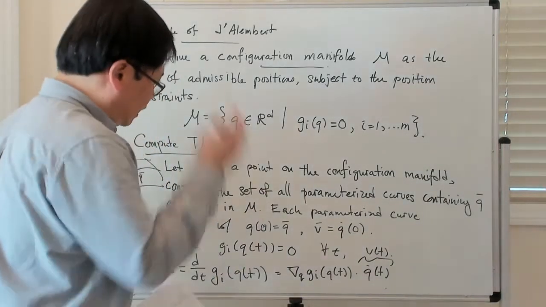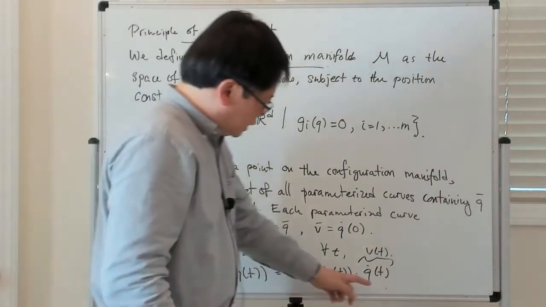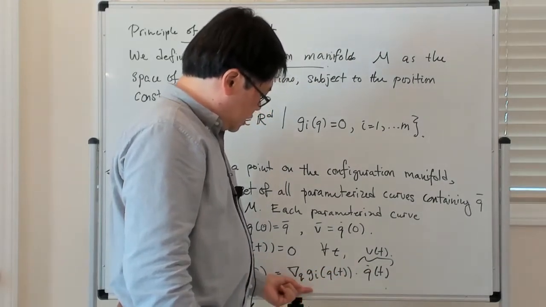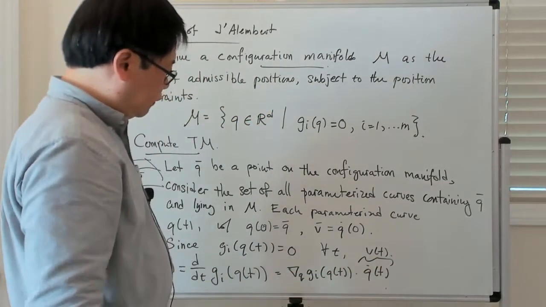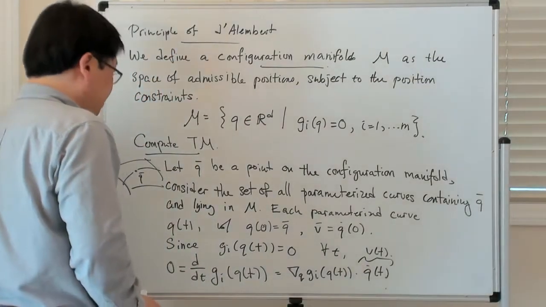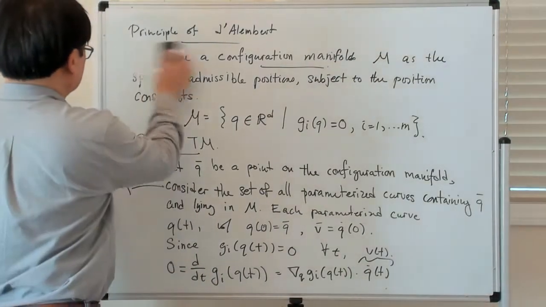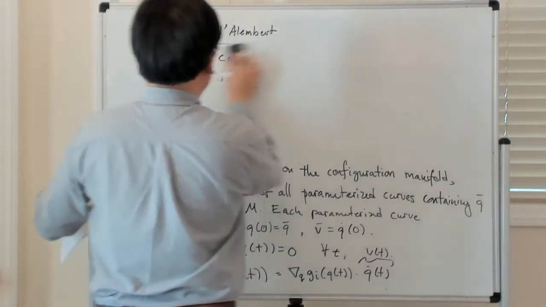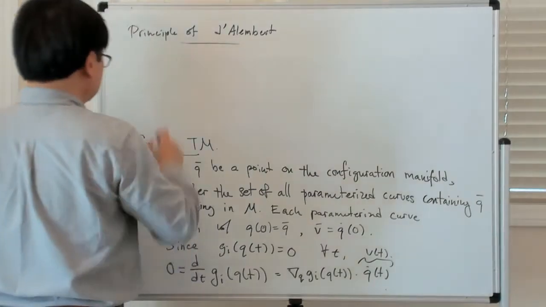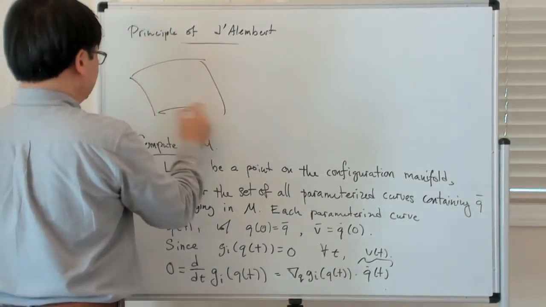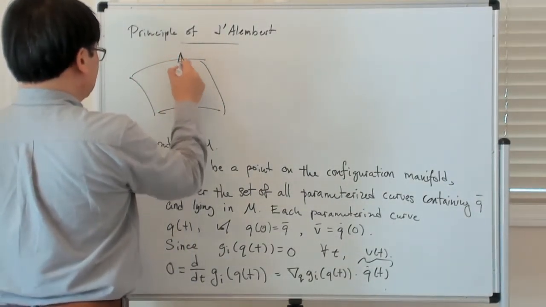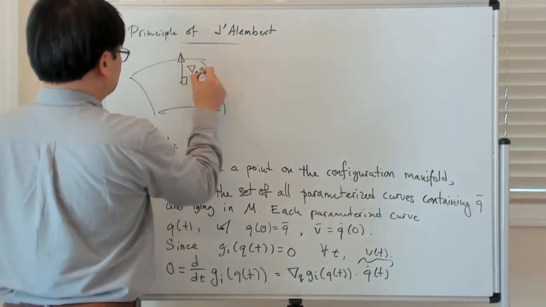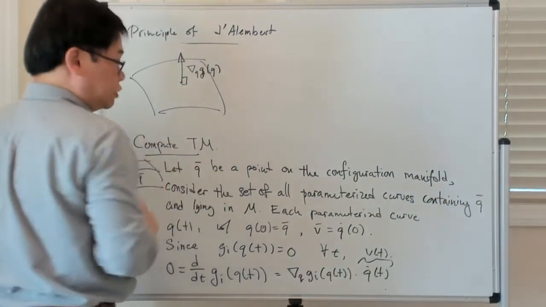That's telling you that the tangent vectors are perpendicular to the gradient of the constraint function. That's perhaps not so surprising because, as we saw before, the gradients of the constraint functions are normal to the constraint surface.